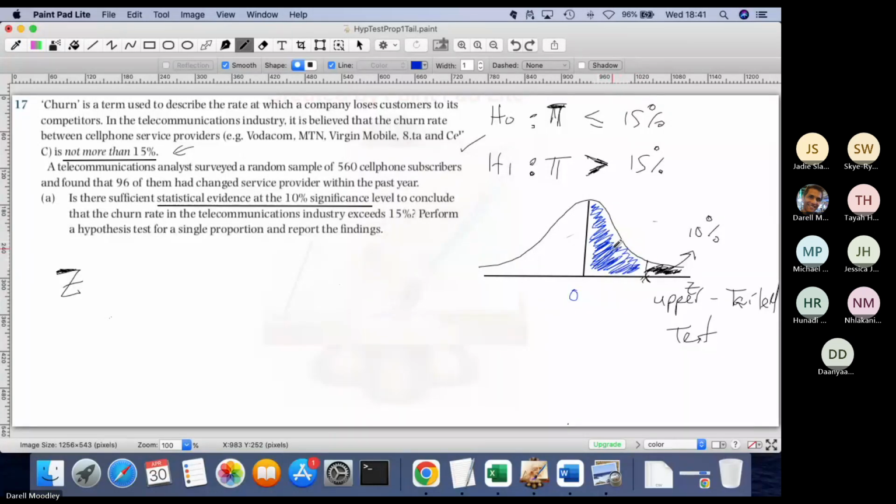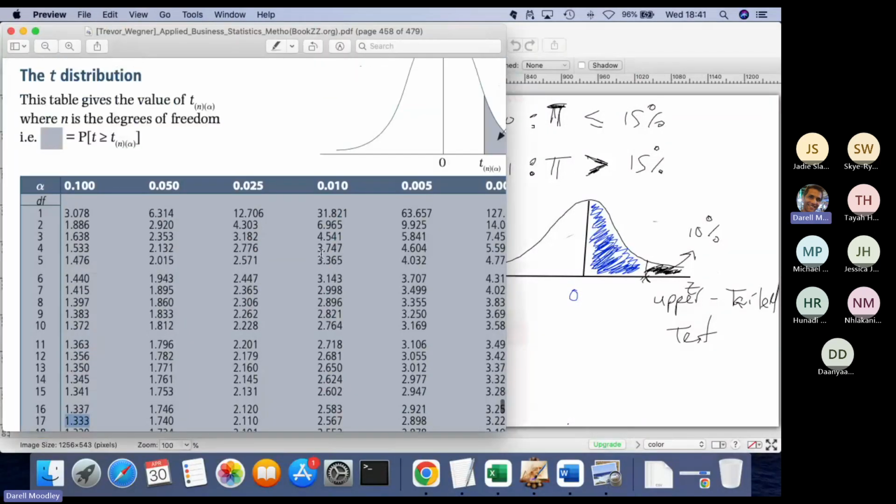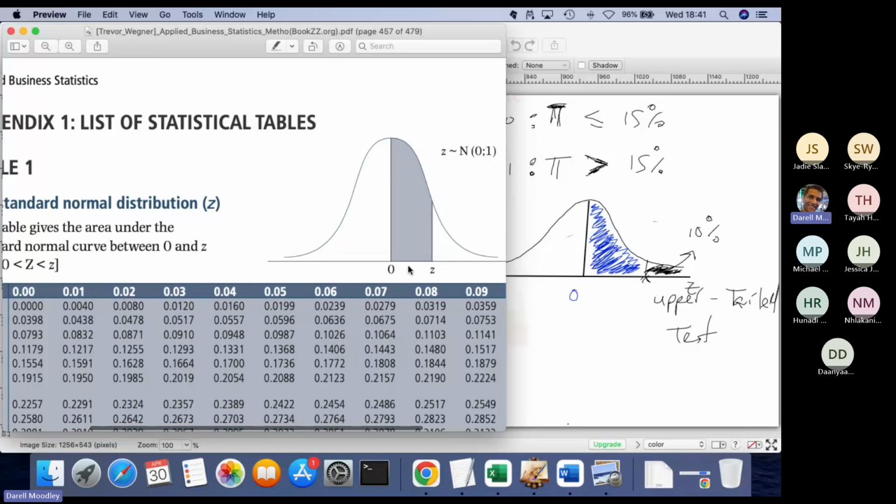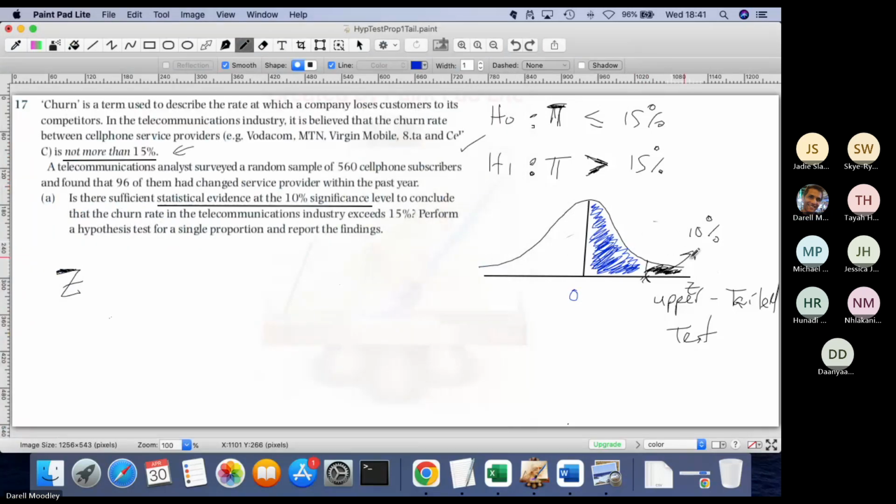If you're not sure what I'm talking about, let's look at the diagram. Here's your textbook. If you look at what I'm drawing, you can see I'm shading the same area that's in your textbook on the table. It's the area from 0 to a z value. So in other words, it doesn't care about this 10%.